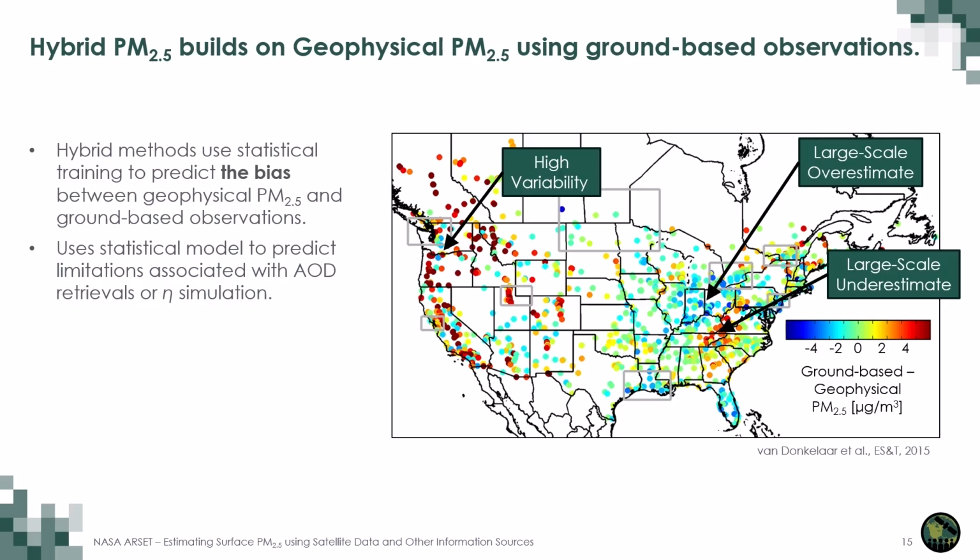We don't see these large-scale features over western regions, but rather we see a high degree of variability between seemingly neighboring monitor locations. Hybrid methods, therefore, look at these features using statistical models and training to predict biases in geophysical PM2.5. In other words, these hybrid methods predict limitations associated with AOD retrievals and eta simulations and their geophysical implications.